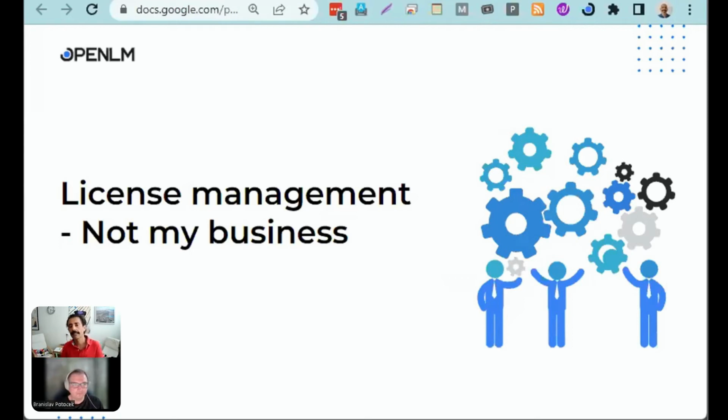Everything else is something that is your problem as a customer. And this is actually good because OpenLM exists because of that, because there are big challenges. It's not easy to manage software licenses, and it created a whole market of licensing tools, which makes sense, I think.